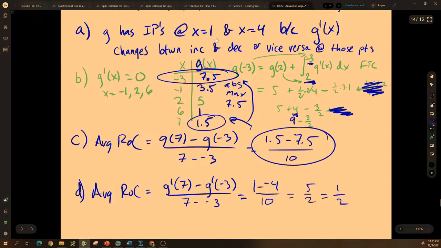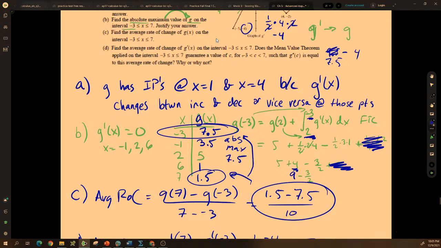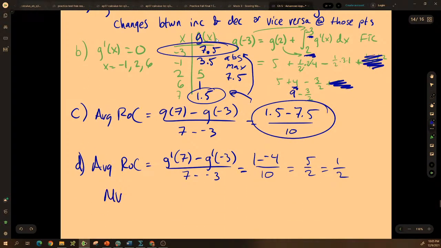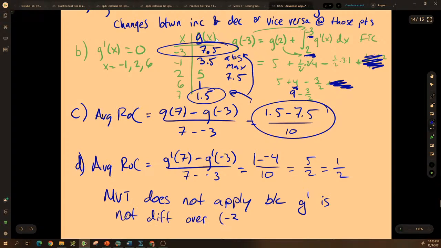And it says, does the Mean Value Theorem guarantee a value such that g double prime is equal to its average rate of change? Why or why not? We'd say MVT does not apply because g prime is not differentiable over negative 3 to 7. Right?